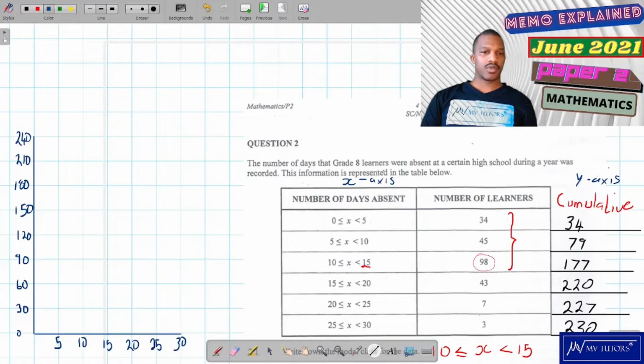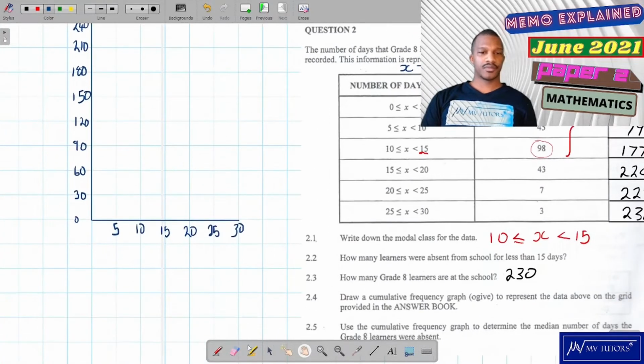Okay, so there we go. So let's label this. This is number of days. That's number of days absent, to be exact.